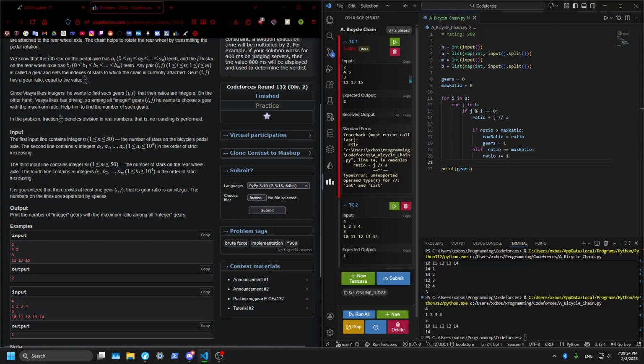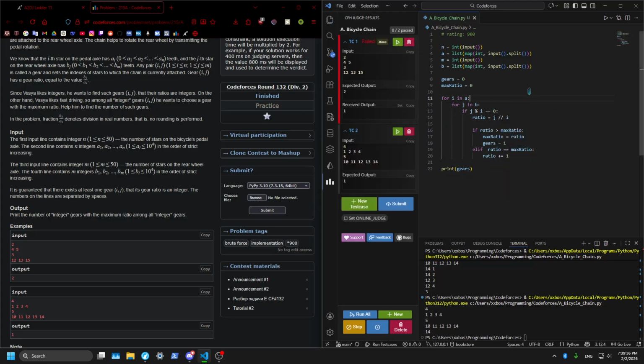Let's just make sure it works. Okay, something broke. Int list. Oh, this should be i. Received output, expected output. I think it's because we set gears to 0.